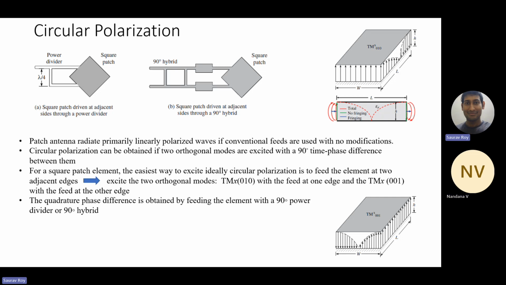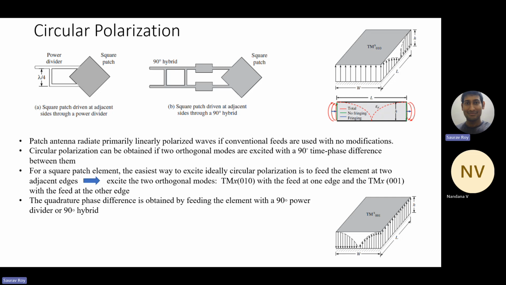So for that, people have started with defined kinds of scenarios. You see the top leftmost one. There they feed with a single feed that is divided through two lines, and then they feed at two positions. Generally, in TM010 mode we feed across the width, and for 001 mode we feed across the length.